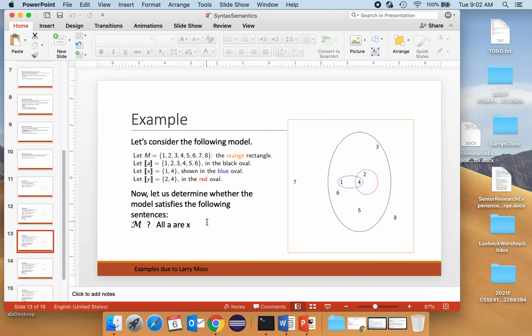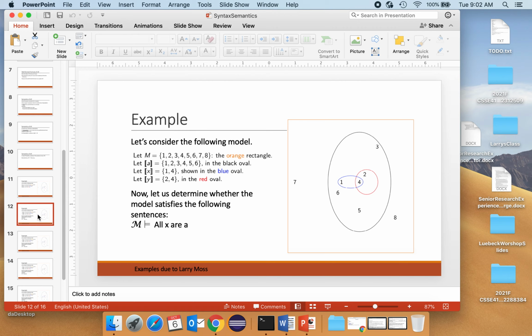So how do we show that something is not supported by the model? Well, we find a counterexample. 3 is a great counterexample. It's an A, but it's not an X. It's in the black oval, but not in the blue oval. That's how we give this semantics: if we find a counterexample, then we know the model doesn't support it.